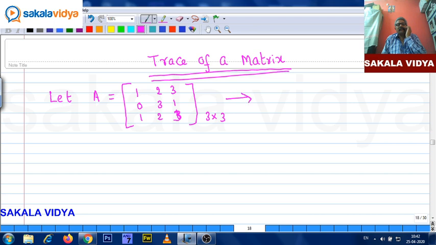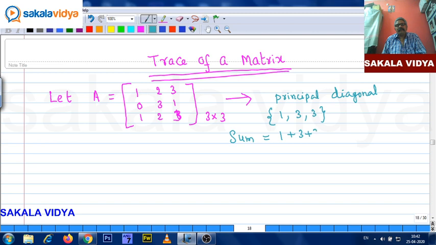Now the principal diagonal elements are here: 1, 3, 3. Get the sum: 1 plus 3 plus 3 is 7. This 7 is called the trace of a matrix.